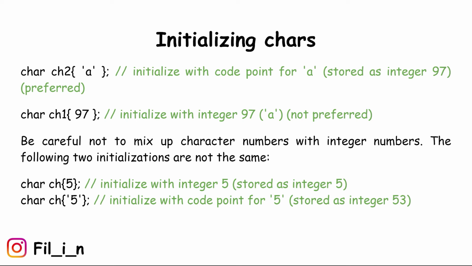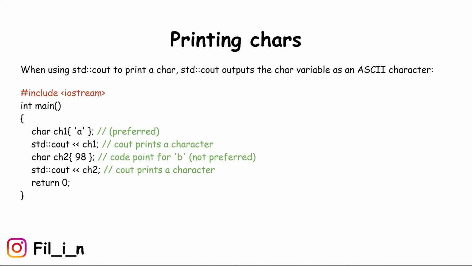The following two initializations are not the same. char ch = 5, initialize with integer 5, stored as integer 5. char ch = '5', initialize with code point 53, stored as integer 53. When using std::cout to print a char, std::cout outputs the char variable as an ASCII character.